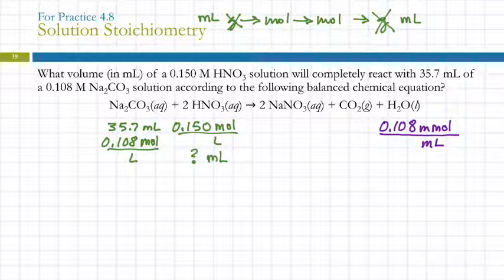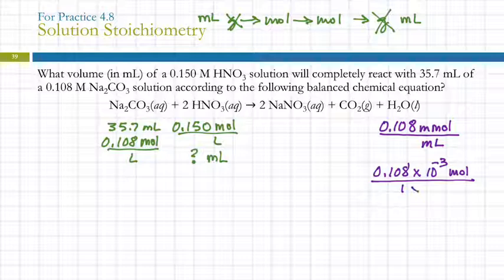Are you okay with this? Do you see that this is okay? Milli stands for 10 to the minus 3. I think I still have some people that are not sure. If I actually wrote the times 10 to the minus 3 in there, do you see how those could cancel?